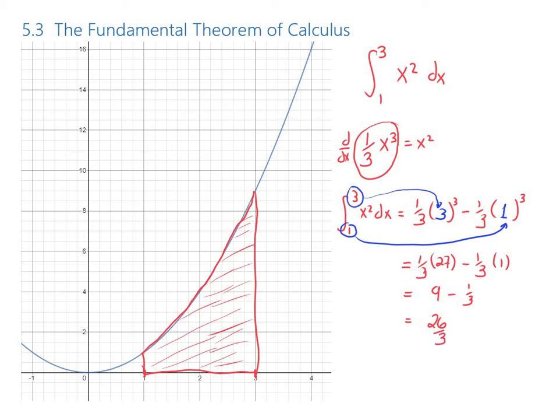And that is the exact area under this particular function from 1 to 3. This is a relatively straightforward example, but it all hinged on us being able to find this antiderivative, going from x squared to finding 1/3 x cubed.